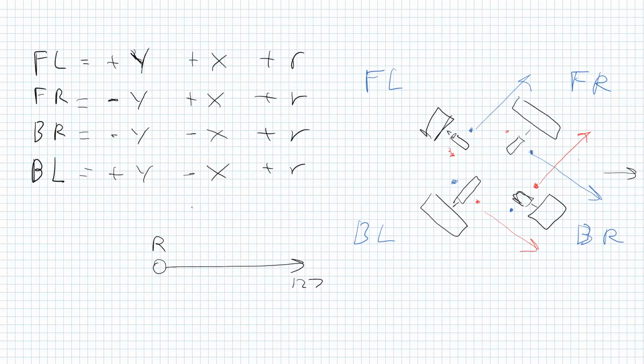Now, it is technically possible to slam the x-axis also all the way to 127. And in this case, on certain motors, like these here, we can see that we're going to get positive 127 minus 127, so you get this weird effect.